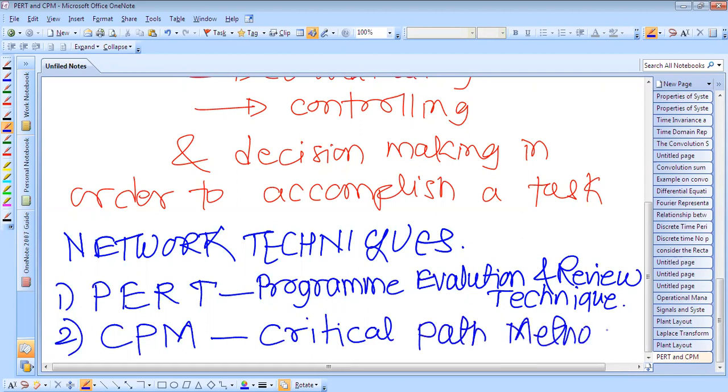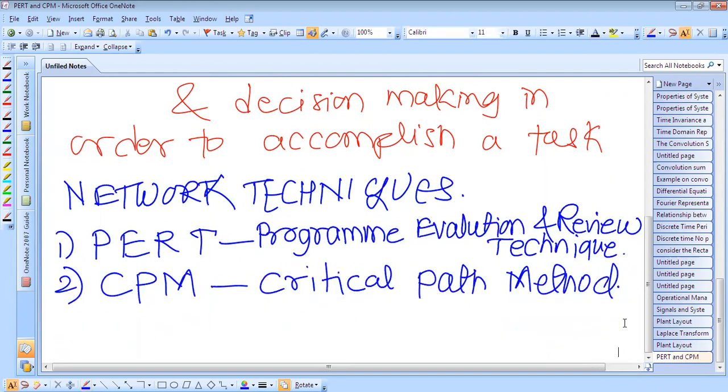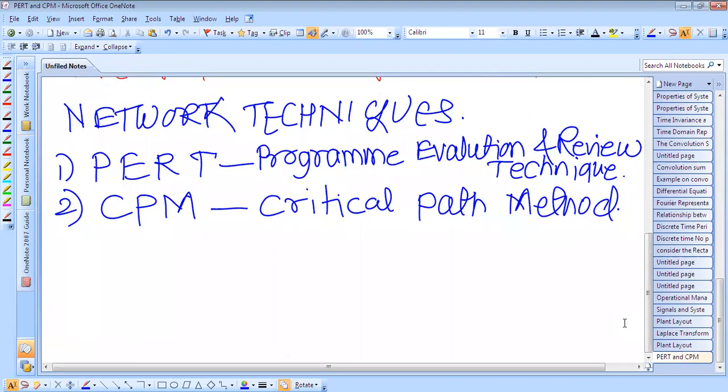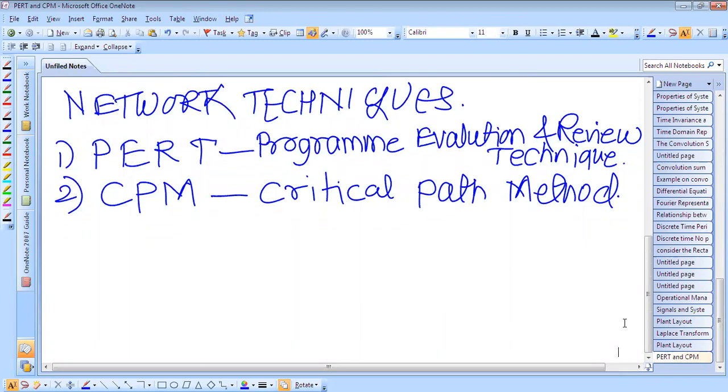These are in the syllabus. Others include program evaluation procedures, resource allocation, and multi-project scheduling, but we do not need to study those other techniques. We have only two in our syllabus, CPM and PERT, that is, Critical Path Method and Program Evaluation and Review Technique.